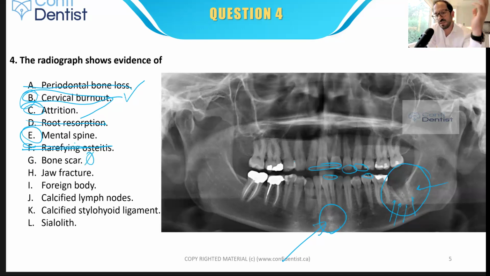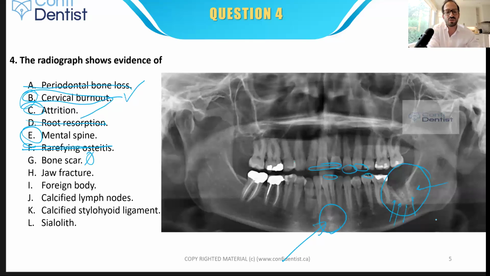This is not a very typical example of bone scar, but it can be considered as a bone scar. Because a bone scar is defined as the radiopacity that is left after the tooth extraction because of, for example, a condition like condensing osteitis. So this is pretty much like that. It needs to be a little bit more significant to select it, but if you select bone scar, that's a neutral option.